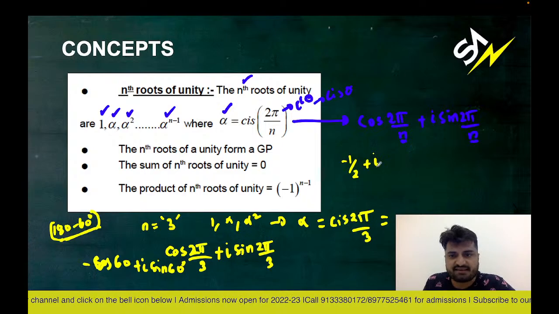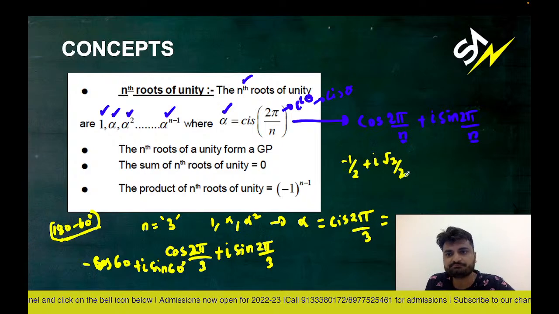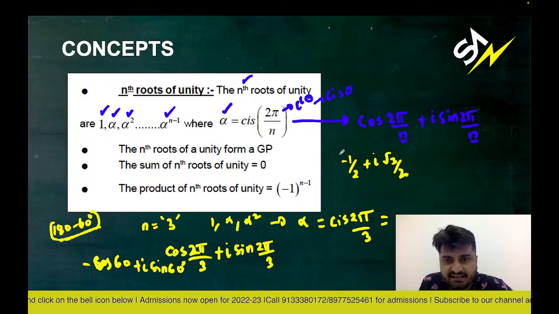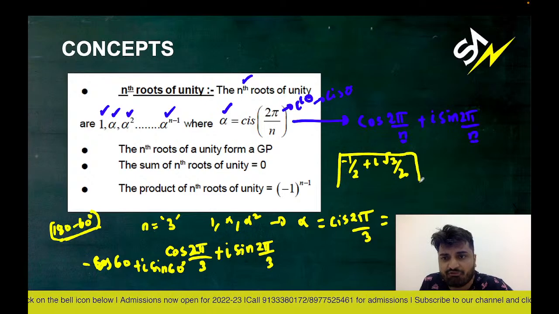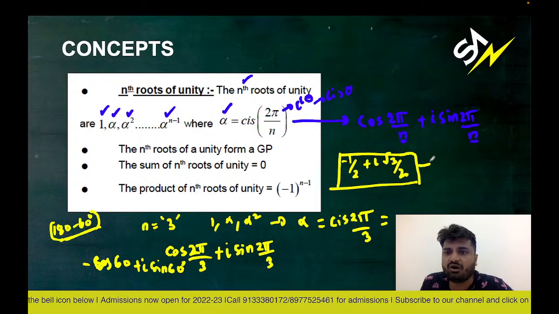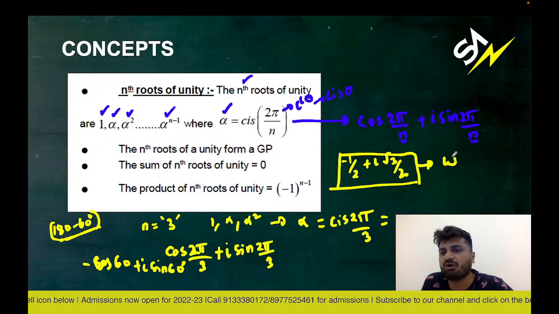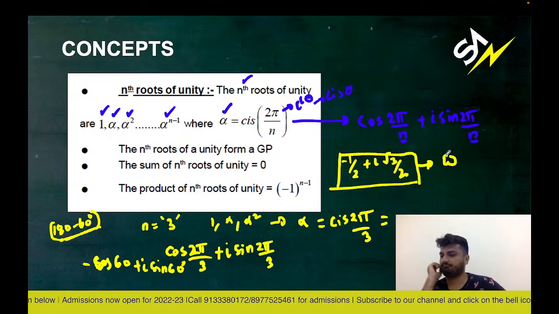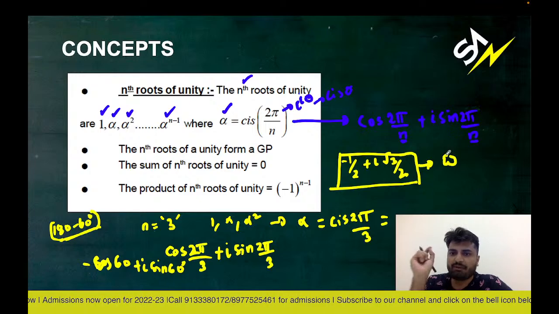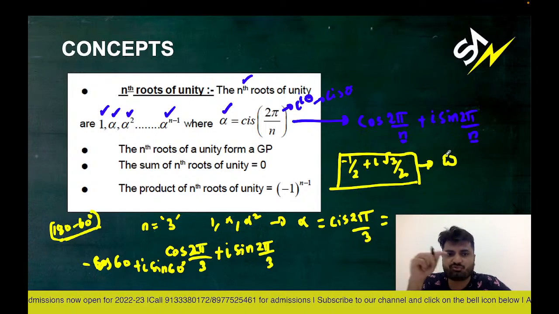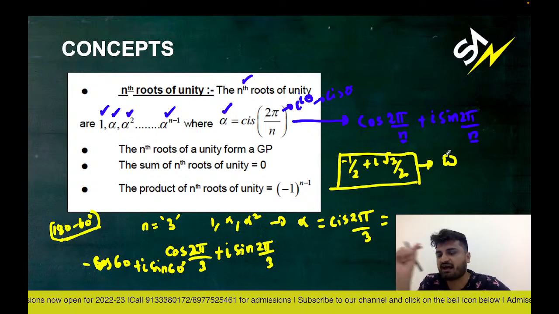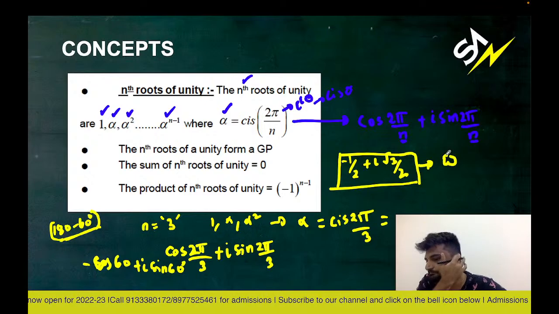And what is sin 60? Root 3 by 2. So this is the value of the root of the cube roots of unity. You also call it omega. So omega value is minus 1 by 2 plus i root 3 by 2.